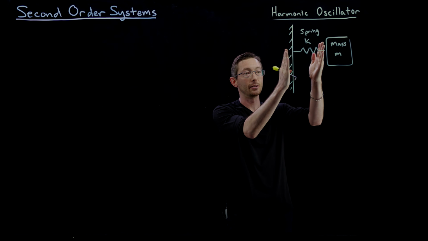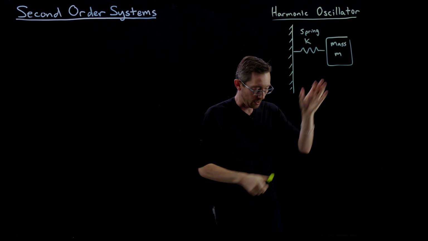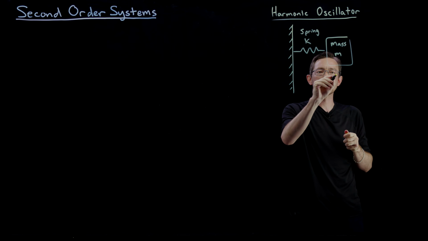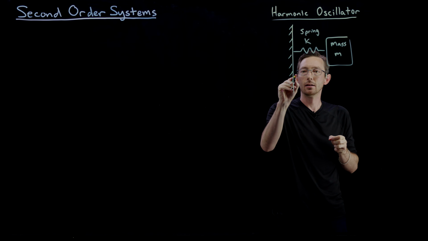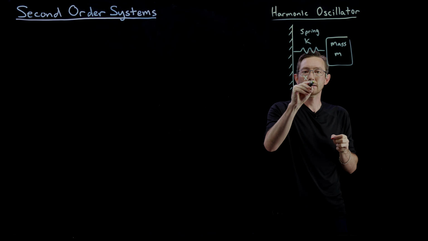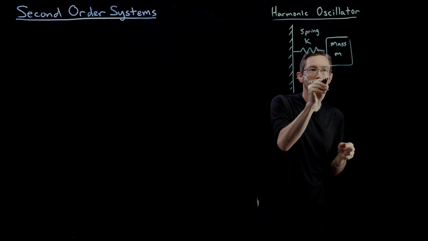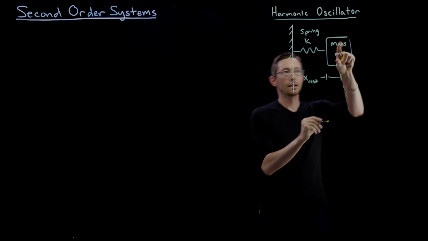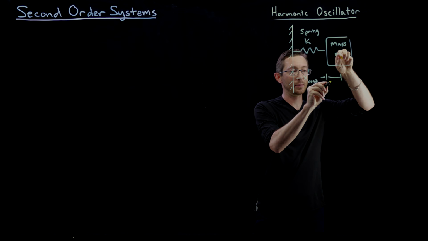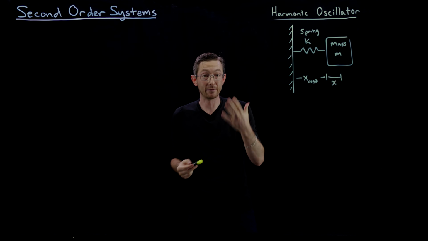So there's basically a rest position for this spring, where there's some x rest that's this length, and anything in addition. So the center of mass of this mass from that rest position is going to be called my variable x.